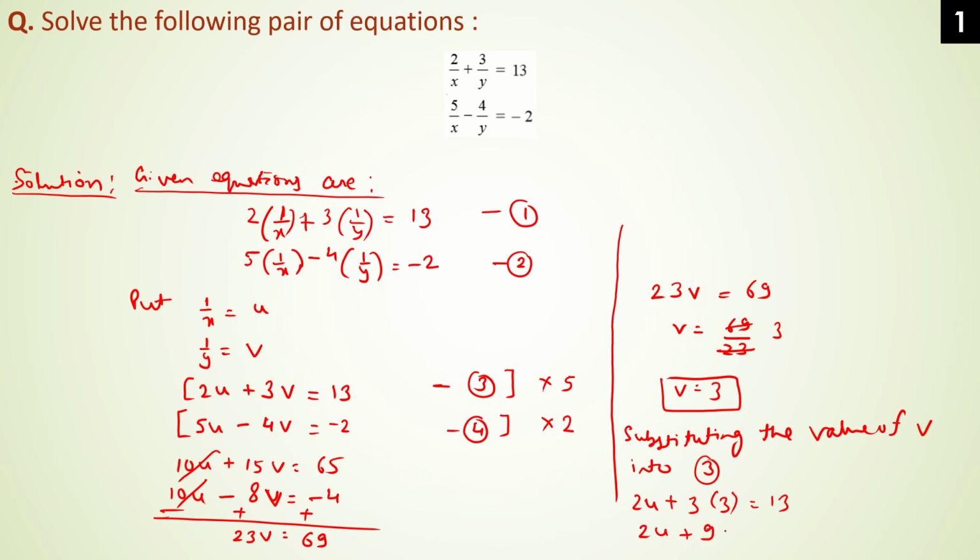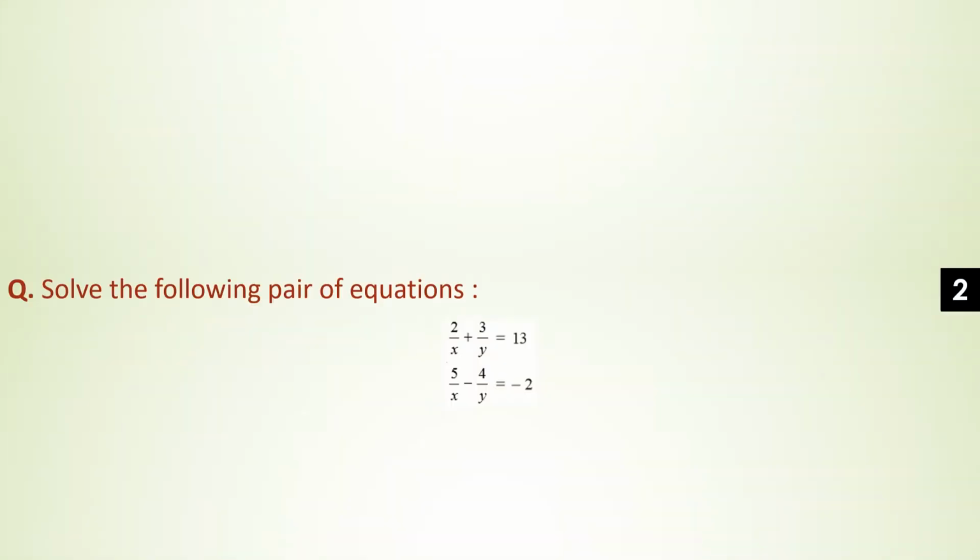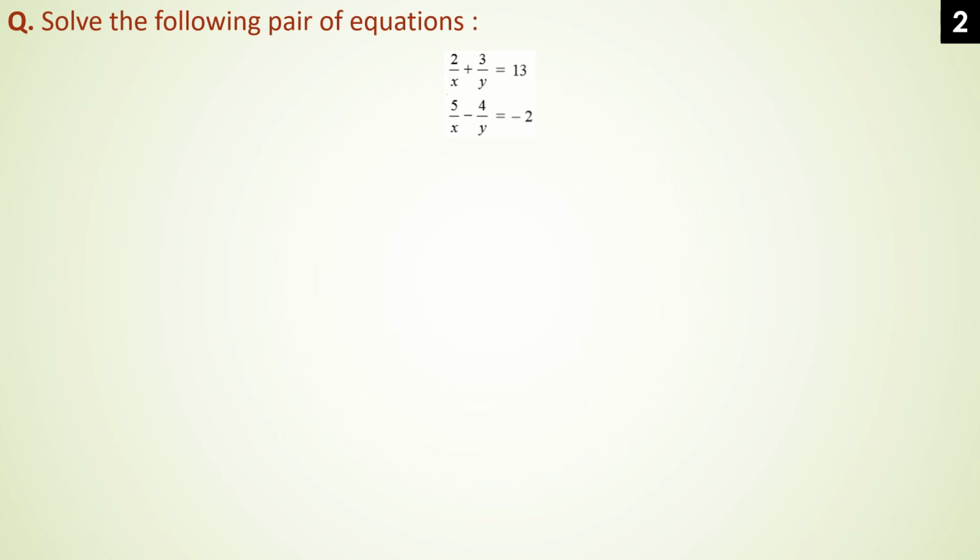That means 2u plus 9 equals 13. So further we get 2u equals 13 minus 9, we get 2u equals 4 and u is 4 by 2, that means 2. So the value of u obtained is 2.